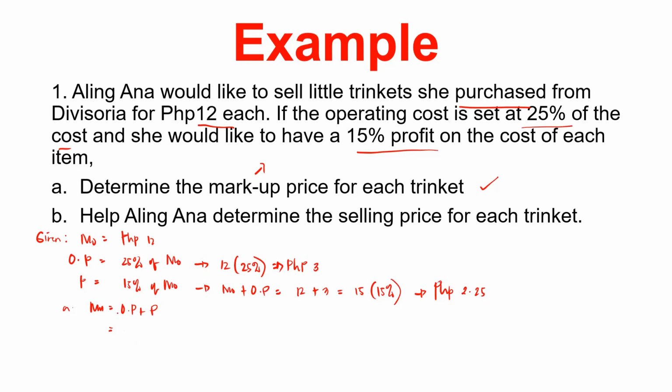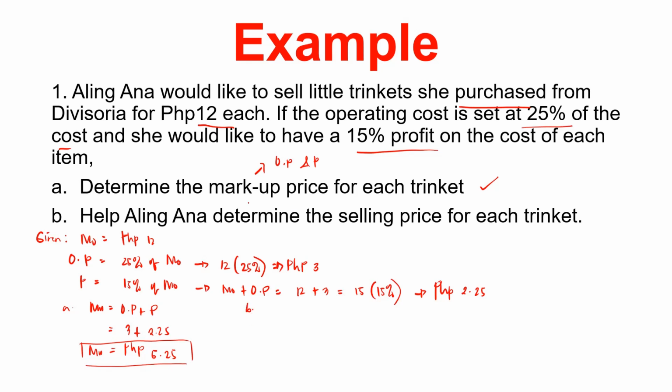And you will get, so 3 plus 2.25, you will have the markup of 5.25 pesos. Okay? Para makuha mo yung pagtaas, yung itinaas mo. Okay, again, pag sinabi nating markup, this is the operating price and the profit.